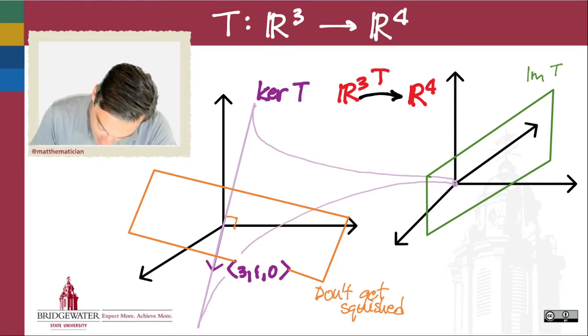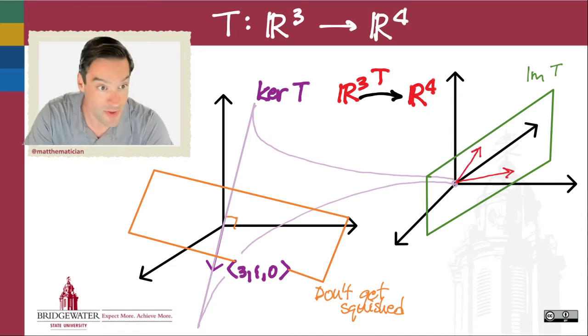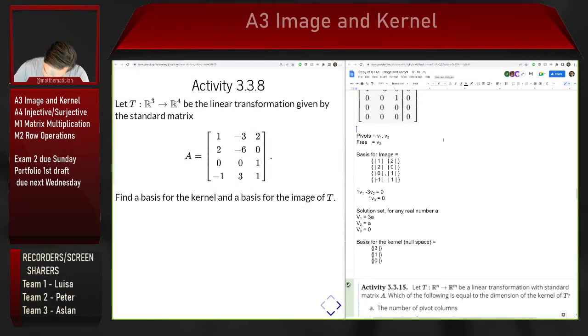And it has the property that if I have a basis for my image over here, in the example that we just did a minute ago, a basis was, for example, I'm going to call these vectors v1 and v2. v1 was 1, 2, 0, negative 1.